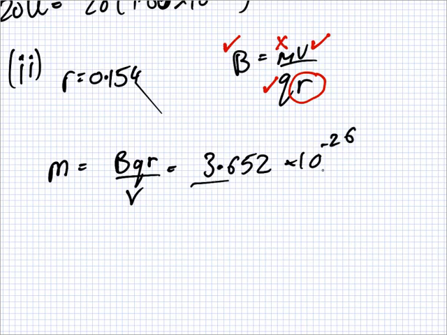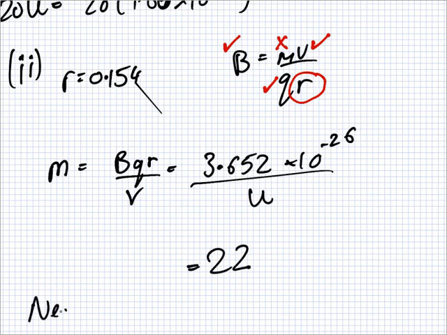If I divide this by U, I can know how many nucleons there are. U is 1.66 times 10 to the power minus 27. So if I divide this, it comes out at exactly 22.